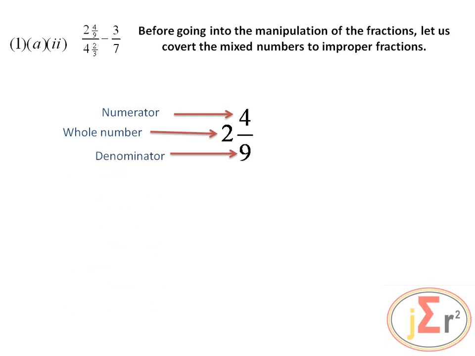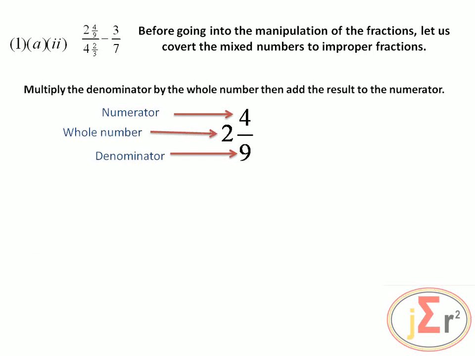All of the different components of the mixed numbers are labeled. Multiply the denominator by the whole number, then add the result to the numerator. And that is our first step in writing the mixed number as an improper fraction.